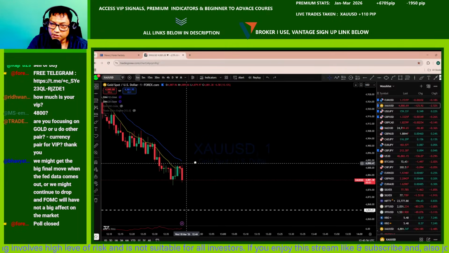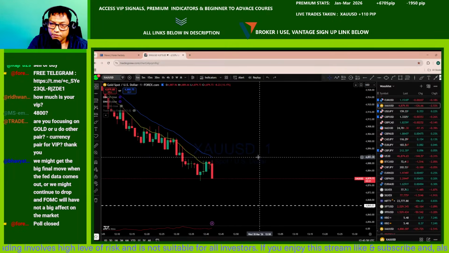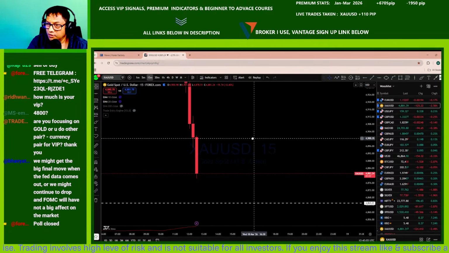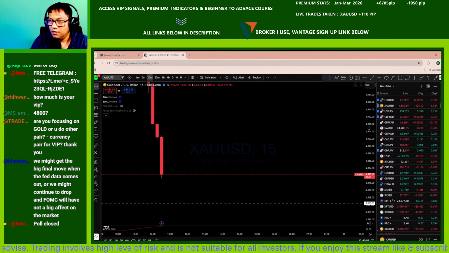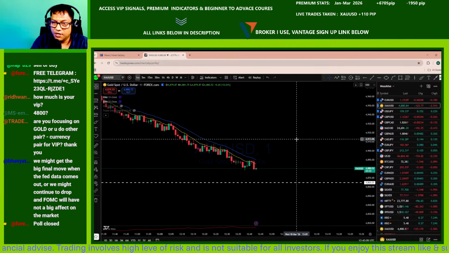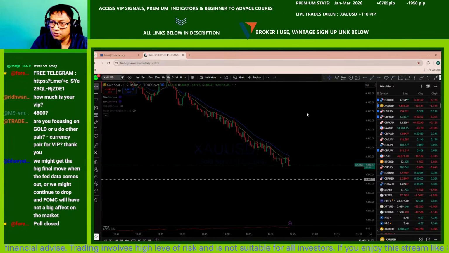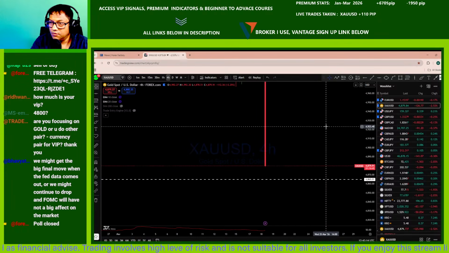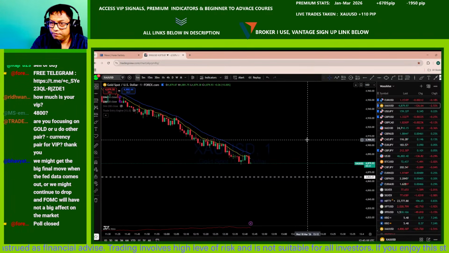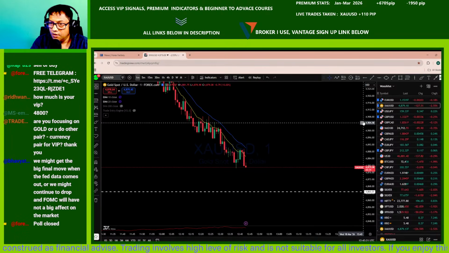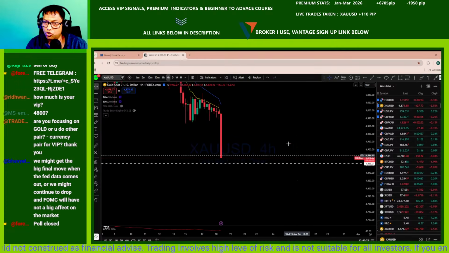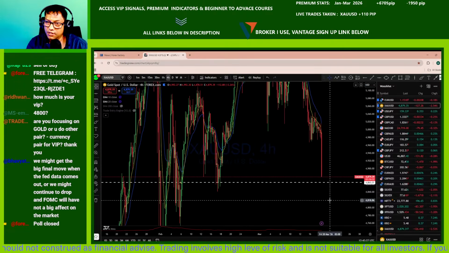Now from this level, the market again is sharply falling, and we might see the continuation further. It's a massive drop. If you look at the 4 hour, it's dropped a lot, right?